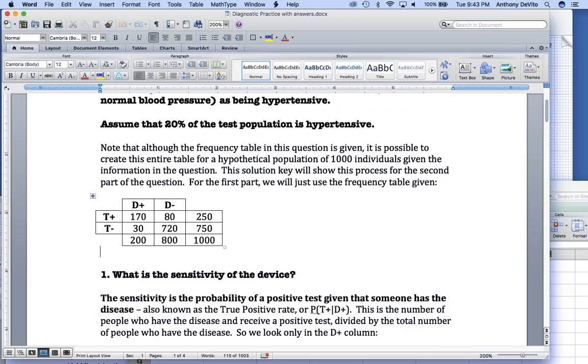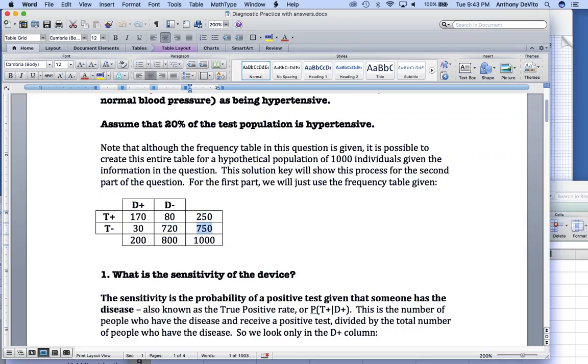Now I can see that the total number of people out of 1,000 that test positive is 250. The percentage of those that actually have the disease is 170 over 250, our positive predictive value. And the percentage that test negative when they don't have the disease, our negative predictive value, is 720 over 750.